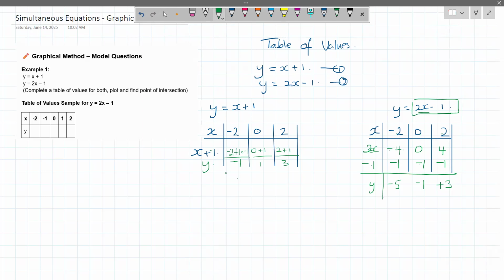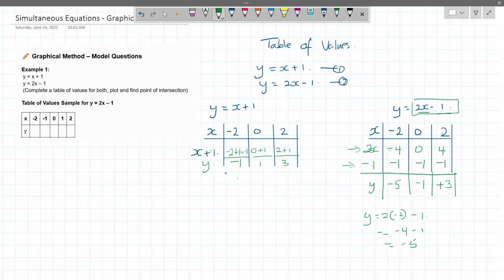Now, you all may be accustomed to taking each one of these values and substituting it in here to work out the same thing. I'll show you how to do it in a table. All you're doing is taking the equation, 2x minus 1, and writing it vertically. So you're finding out the values of 2x, and then you're subtracting 1 from it.